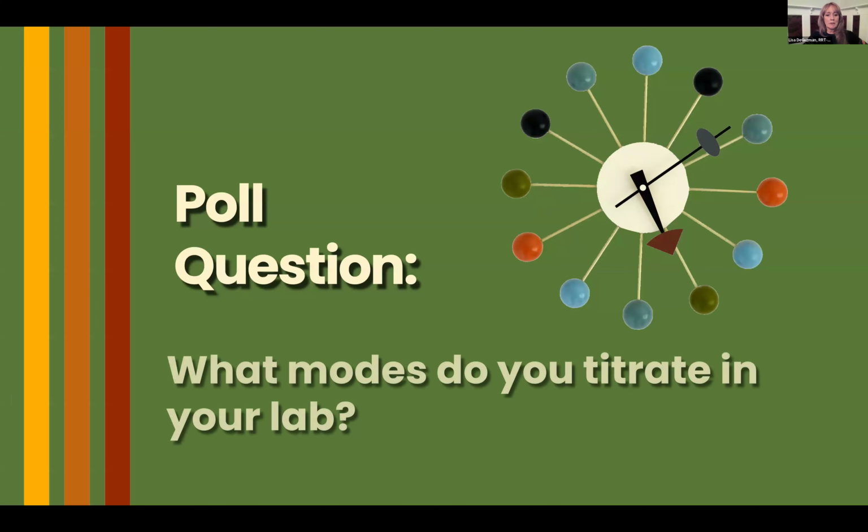So, ventilation with PAP titration. Real quick, we have a poll question. What modes do you titrate in your lab? And then we're going to go through them real quick. Give you just a minute to answer that.